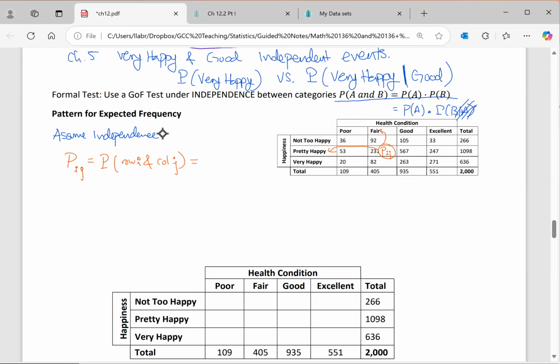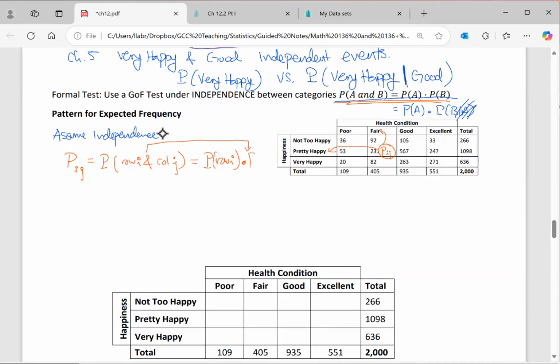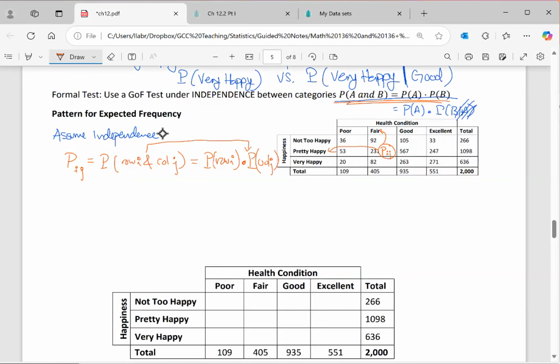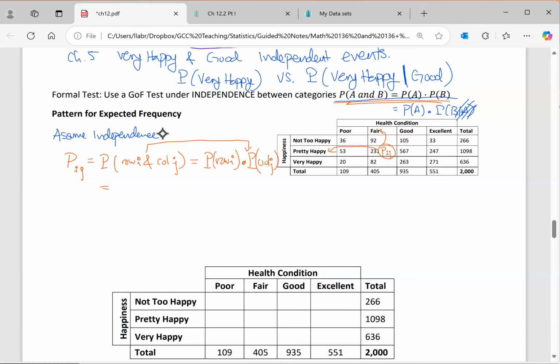By independence, because I'm assuming this is true, whenever there's an and, it becomes a multiplication. So it'll be the probability of row i times the probability of column j. Now, the probability of row i is actually pretty easy to find, because remember, the probability of somebody responding with very happy is the total number of individuals right here who respond with very happy, and that's over here. I'm going to call this A.